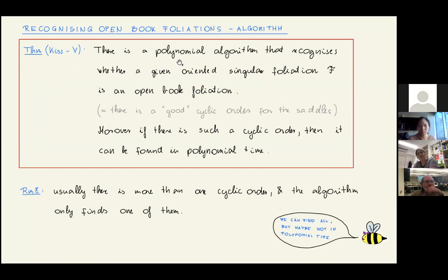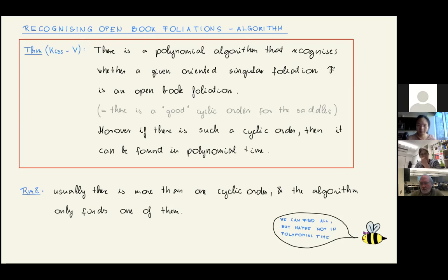And there is a polynomial time algorithm that recognizes whether a given oriented singular foliation is an open book foliation. That just means that there is a good cyclic order for the saddles, where good just means that it satisfies all those relations around the nodes, the cyclic relations. And then actually, you can also find the cyclic order in polynomial time if there is one.